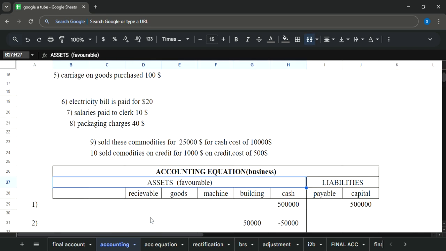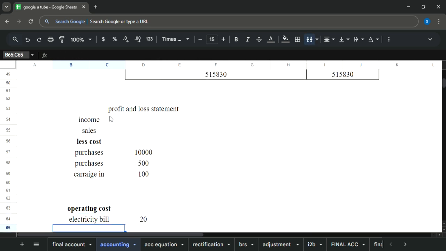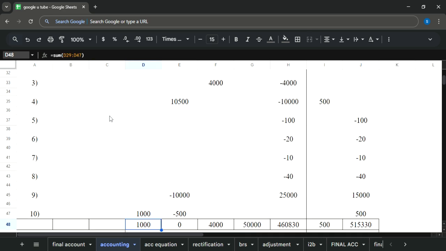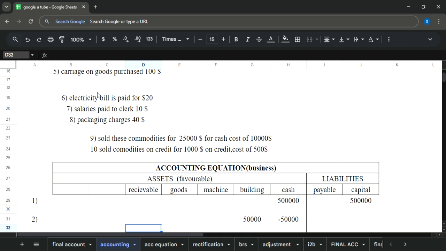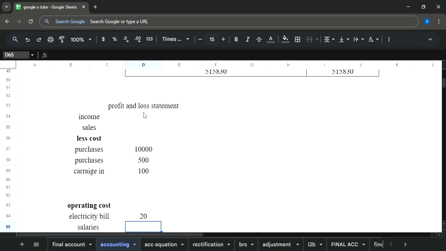Now second, we will see what 7 is saying, salaries. Again, it's an expense. So you will mention in operating cost, salaries, and the amount of salaries. Here you can see $10. Put $10 over here.